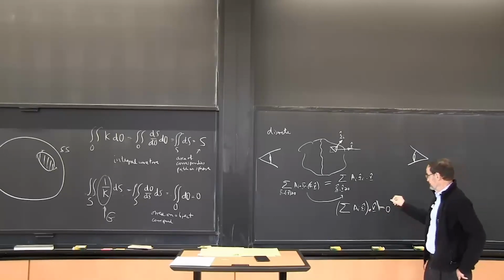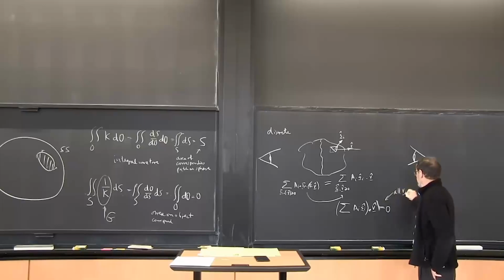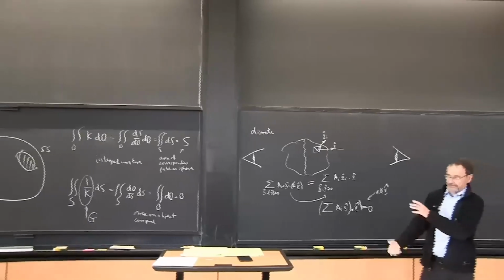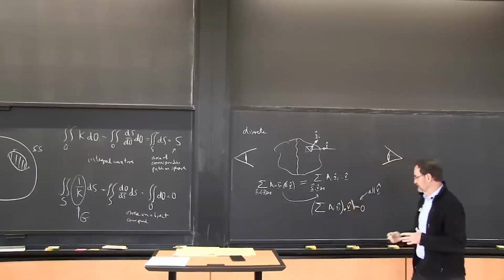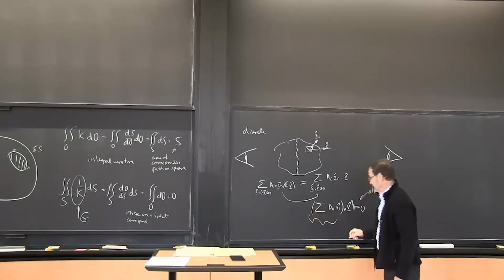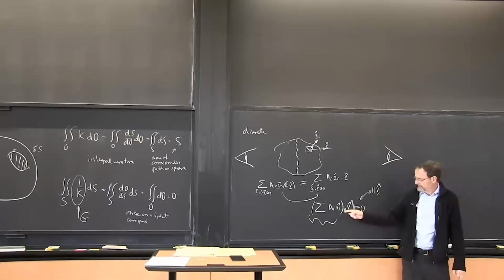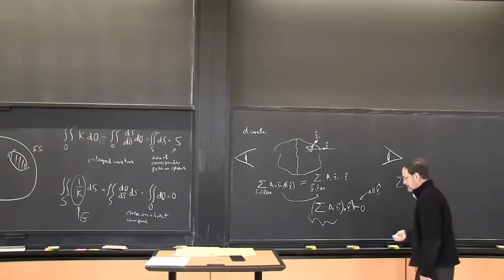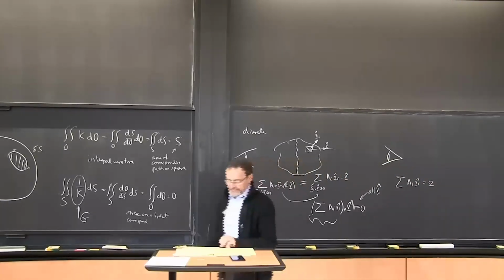Okay. Now, this is true for all possible viewing directions. Doesn't matter which viewing direction I look at it from. If I look at it from the other side, it'll have the same cross-sectional area. And so that means that this part better be 0, right? Because otherwise, if this wasn't 0, I could just pick a viewing direction in the direction of that vector, and I'd have a non-zero result. So that means that the sum of A_i S_i is 0. That's a vector equation, not just scalar. Okay.